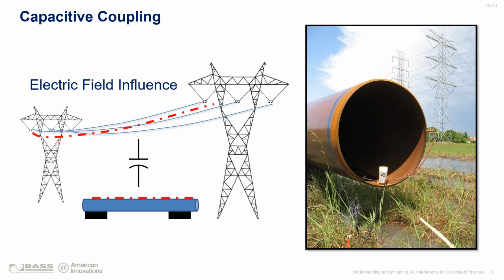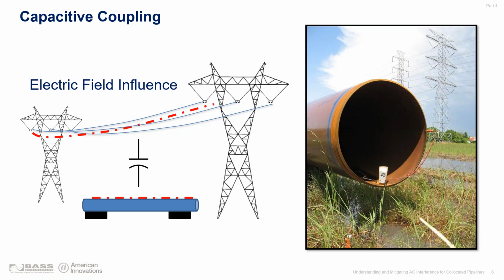So one of the ways that you can get AC on your pipeline is going to be through capacitive coupling. This generally occurs when the pipeline is waiting to be installed and is on skids nearby a high voltage AC line. Now, electrically, a capacitor is made out of 2 metal plates separated by some dielectric material.